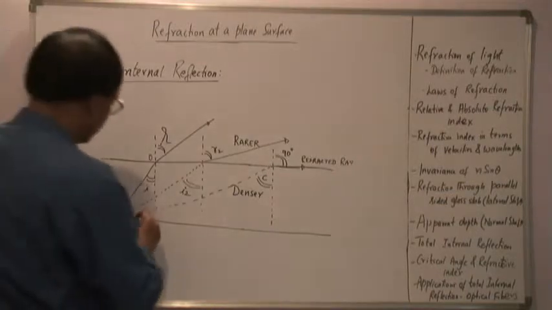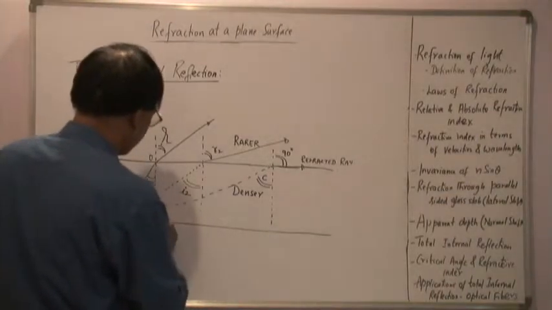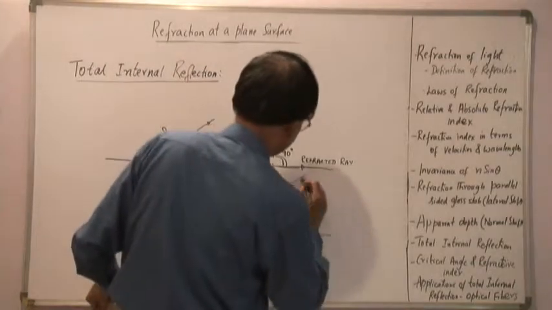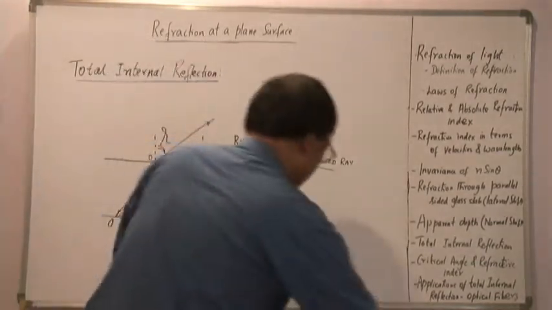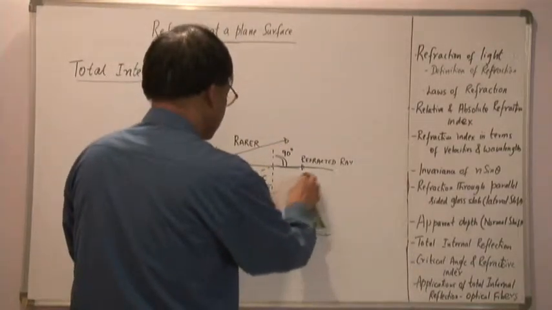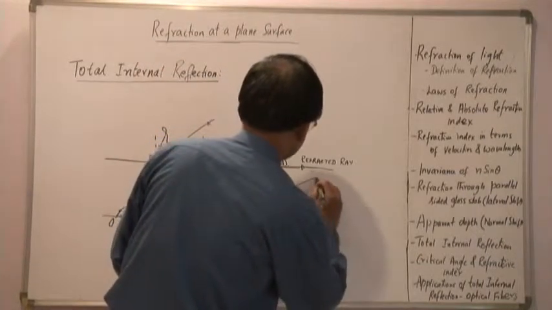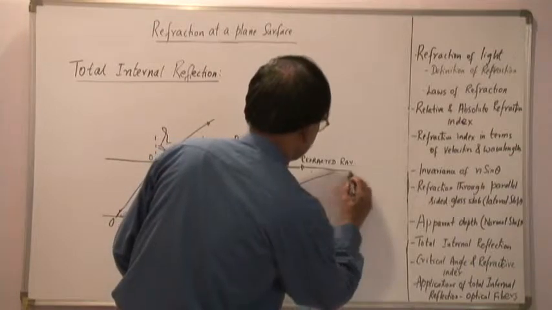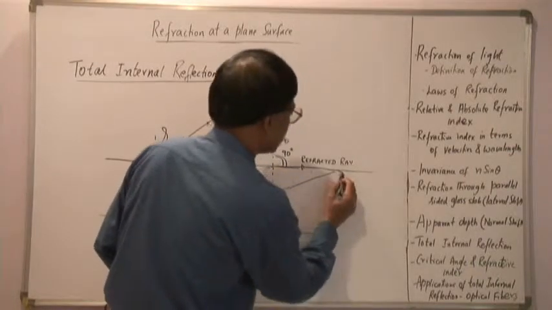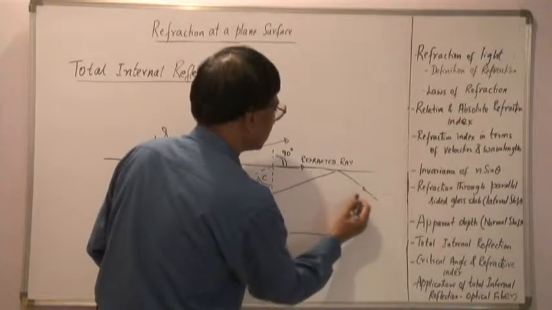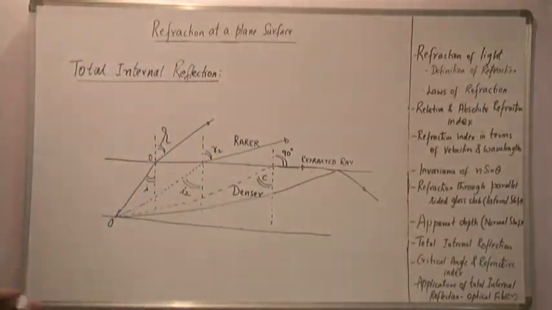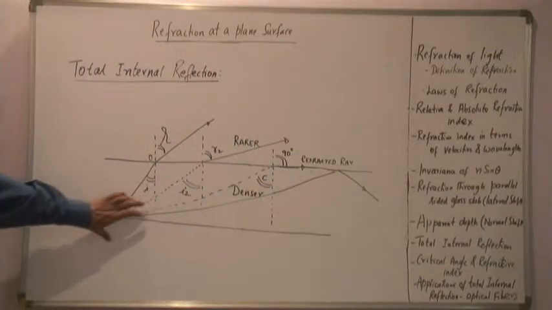So if there is another ray which is traveling at a much larger angle of incidence than the critical angle, then this ray would get totally reflected.